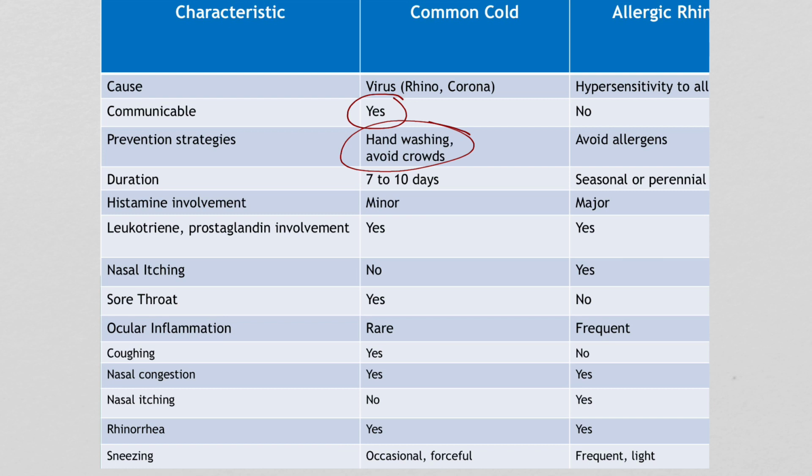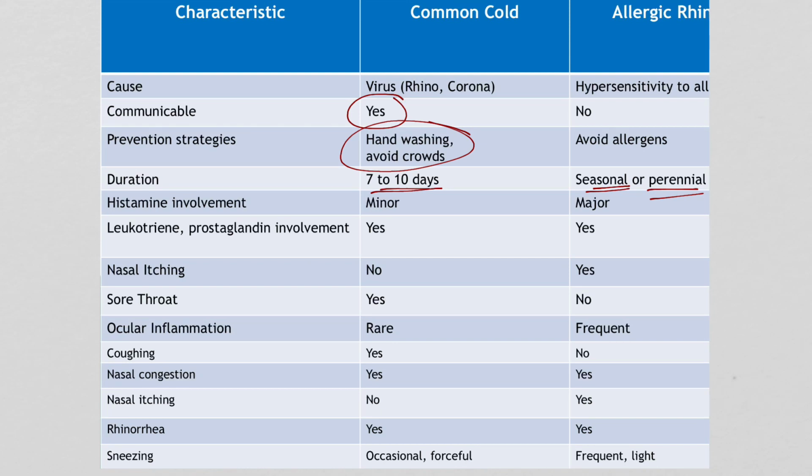The duration of the common cold versus allergic rhinitis is also different, right? The common cold, it's 7 to 10 days max, and you have kicked the common cold. Whereas with allergic rhinitis, it's going to depend on if it's seasonal or perennial, right? What does it mean if you have a seasonal allergy versus a perennial allergy? Great. Hopefully you said seasonal is exactly that.